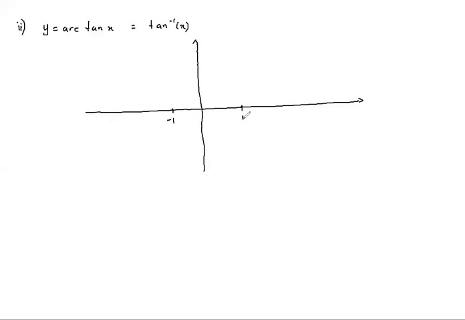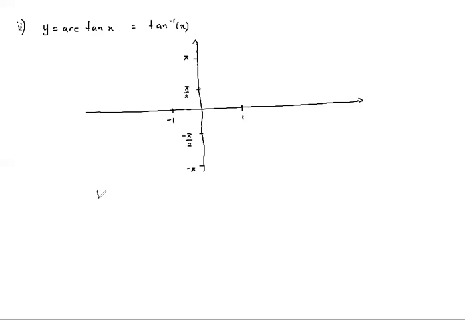So where do you take the angle? So we take the angle where here, this is pi over 2, and down -pi over 2, and then that is pi, and this is -pi.